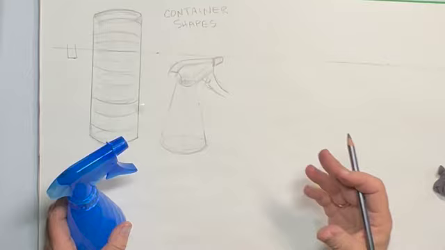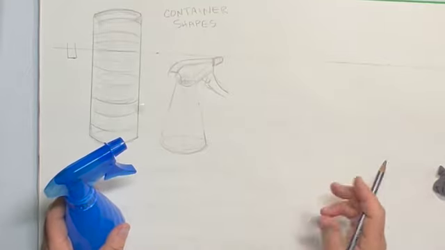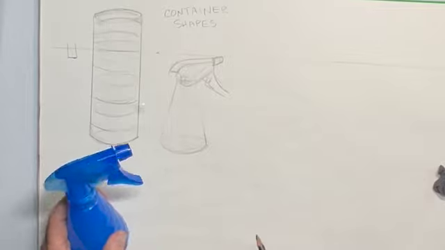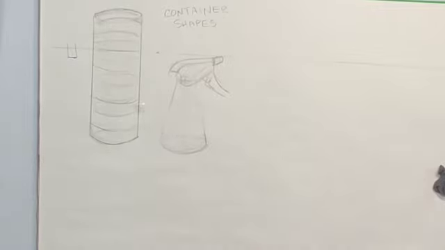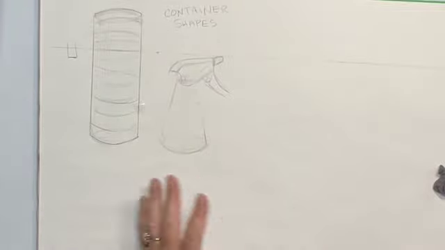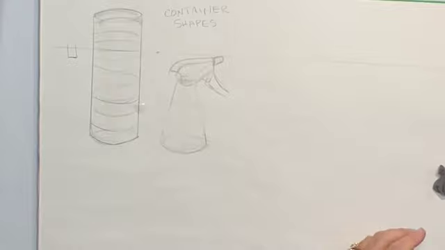Our containers are a cube, a cylinder, a cone, and a sphere. And by just drawing those basic shapes, we can get something accurate. You don't have to worry about, oh, can I draw the sprayer? You just need to be able to follow your basic shapes.